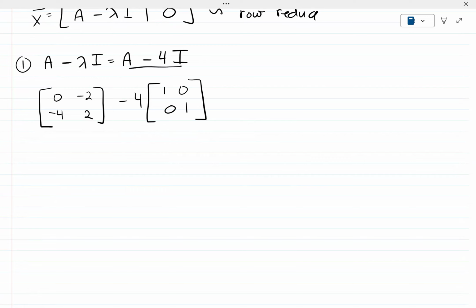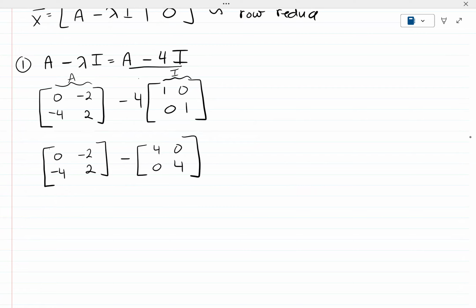So I think we're doing the right thing. Yes, I think we're doing the right side first. So matrix A minus 4 times the identity matrix of a 2 by 2. So let's clean this up. This is going to be 0, -4, -2, 2, and when I distribute the 4, it's minus 4, 0, 0, 4.